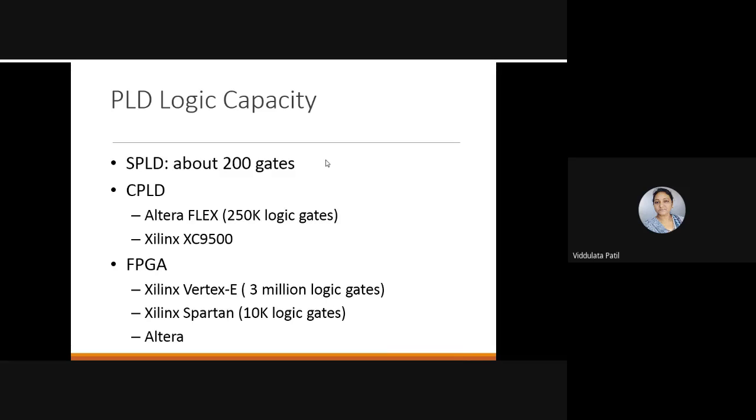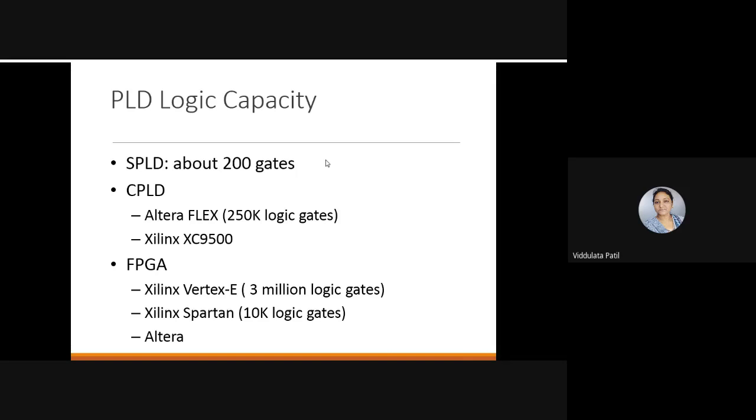If you consider the Altera Flex, then nearly 250,000 logic gates are available in that CPLD. The Xilinx XC9500 also has a large number of logic gates in a single IC. Then the FPGA is more complex than a CPLD.